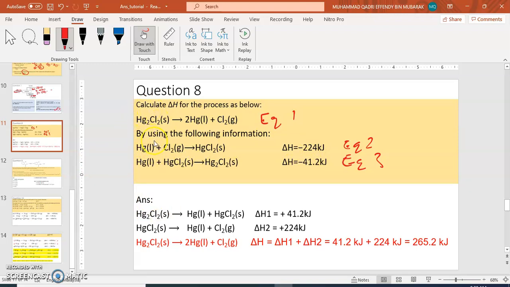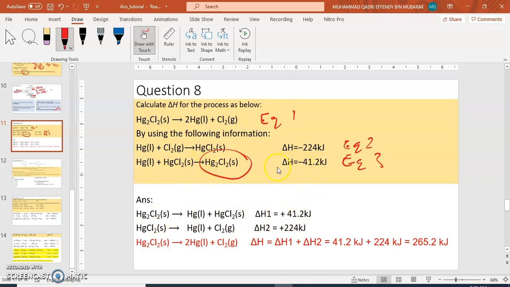In this question, we have Hg2Cl2, which is mercury chloride. If this component separates, it will produce mercury and also chlorine gas. So you see here, in this equation, the mercury chloride is on this side, so that's why we need to invert it. So we need to write it like this.